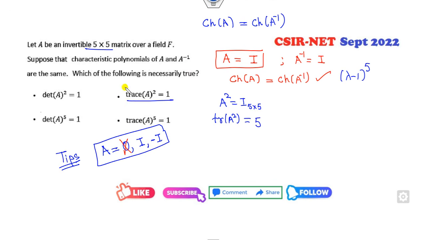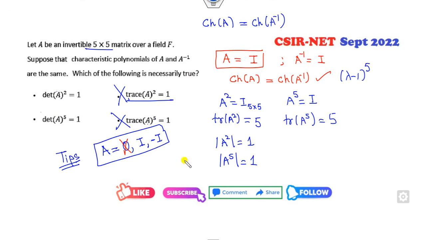But he said 1. Trace of A raised to power 5? A raised to power 5 is also I, so the trace is 5. Cancel. What is the determinant of A square? 1, may be correct. A raised to power 5, 1, which may be correct.